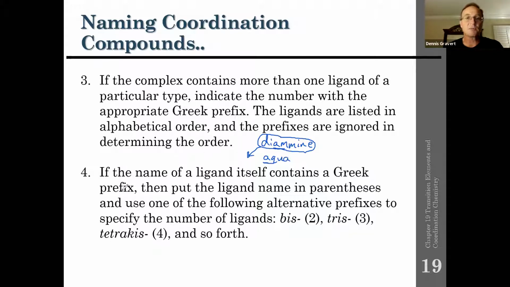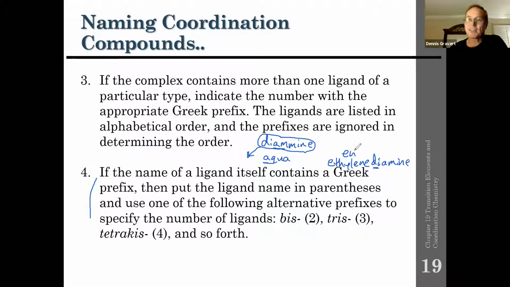And then this little thing, you won't have to worry about this one, but it's interesting just in case you run into it. We have en, which has the name ethylenediamine. Again, you don't have to memorize it, I'm going to give it to you, but it already has a di prefix in it. So if the name of the ligand itself contains a Greek prefix, you can't use it again.